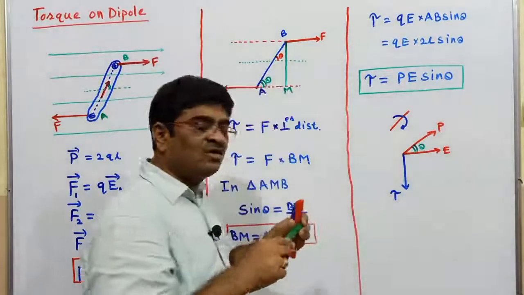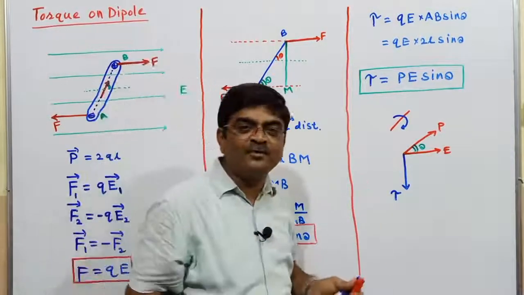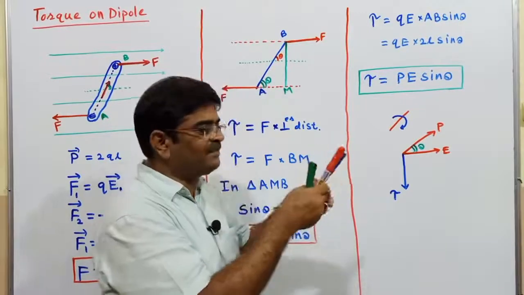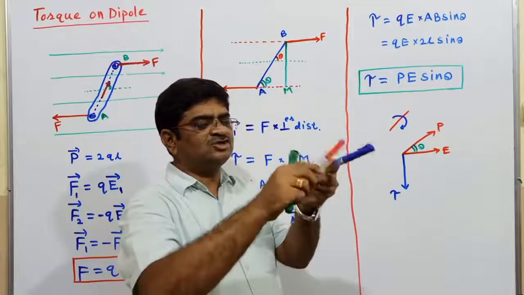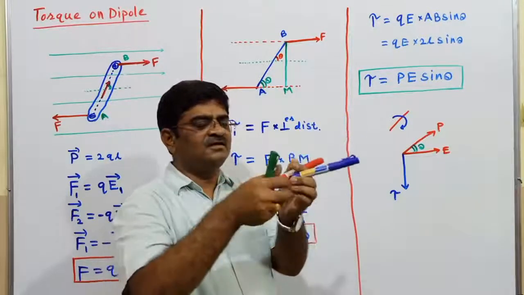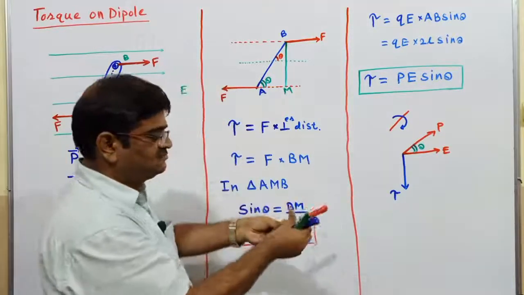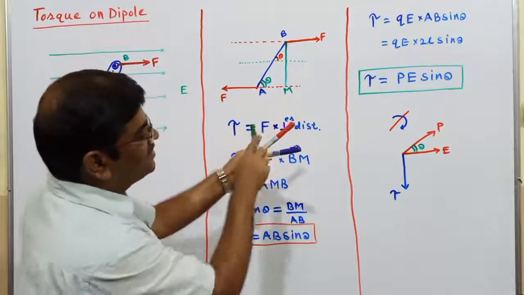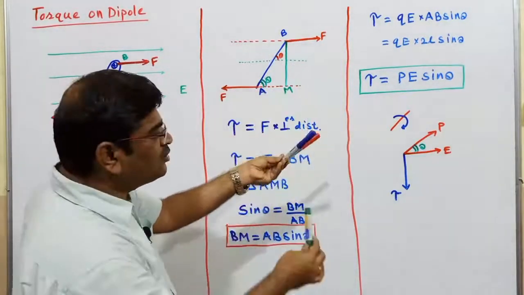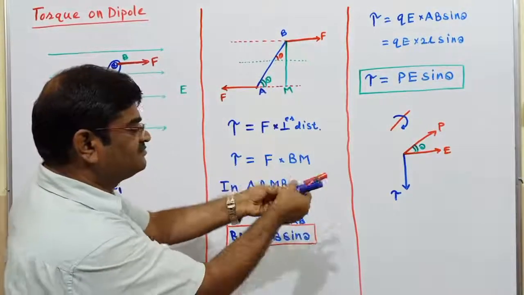And now, to take the order of that product, I visualize even with the help of a pen. This is my E. Red pen is for P. And this I am going to use for torque.